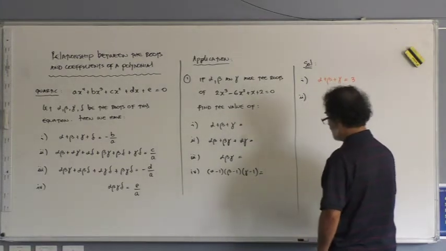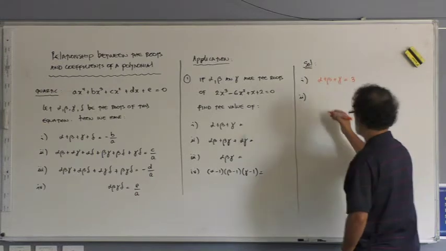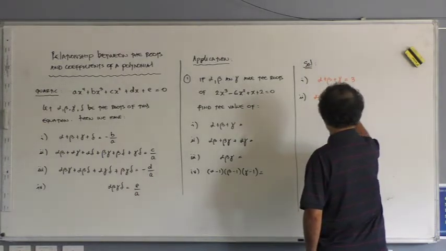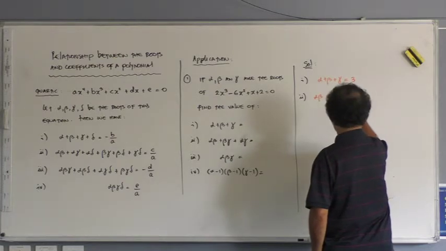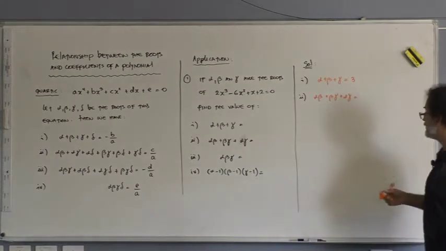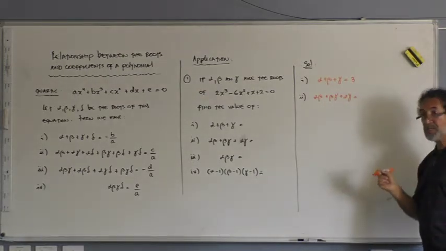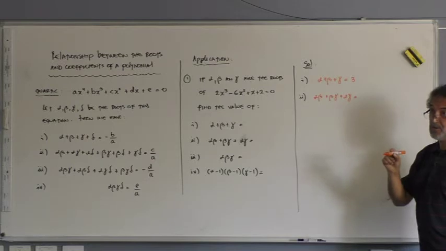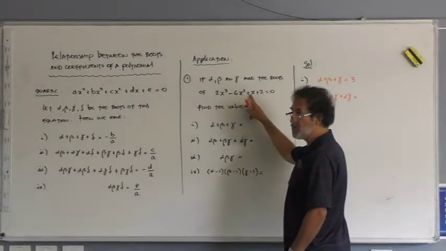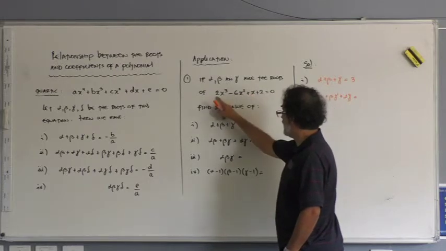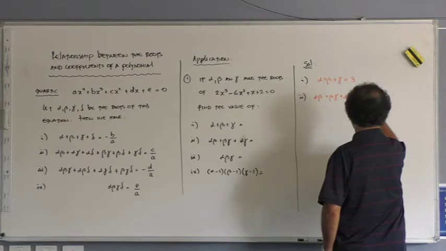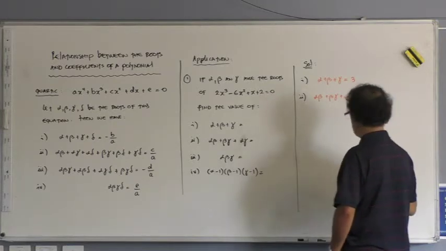The rules say that if you take them in pairs, so alpha beta plus beta gamma plus alpha gamma, taking them 2 at a time, the answer is always c over a. In this case c is equal to positive 1, so it's going to be 1 on 2.